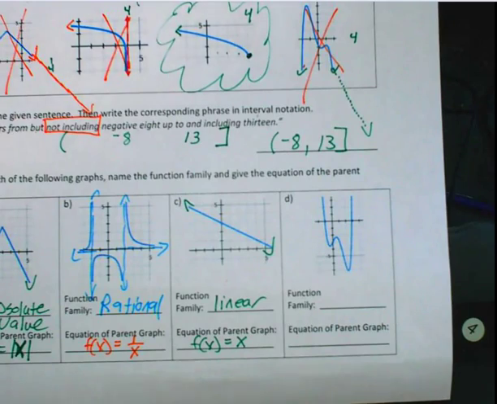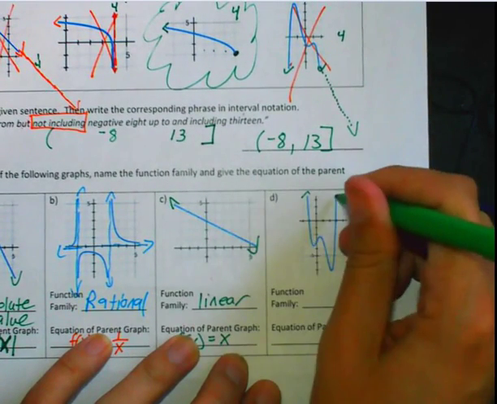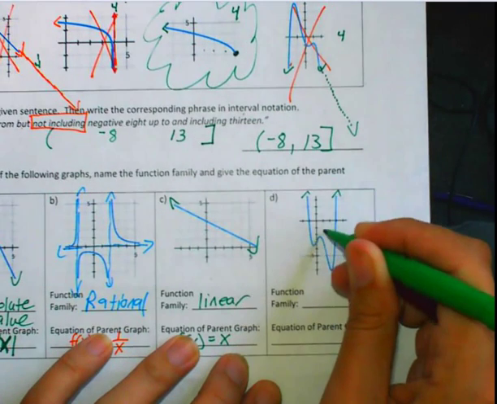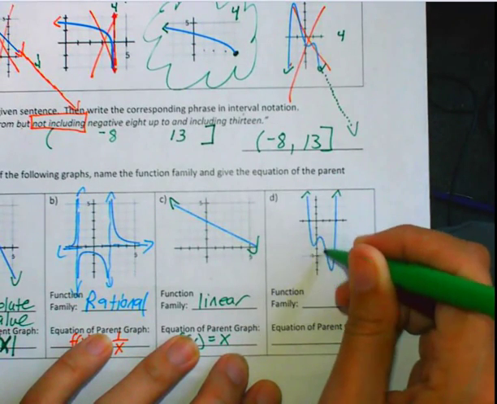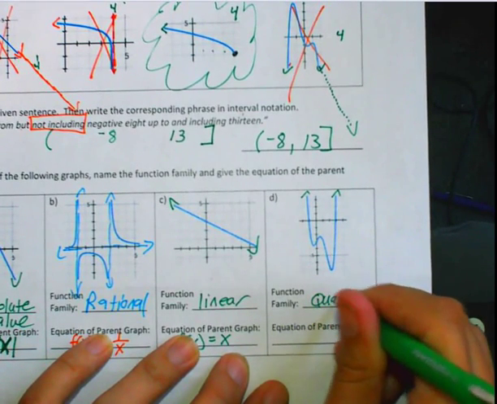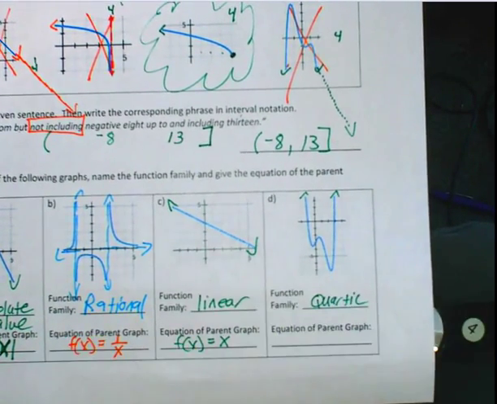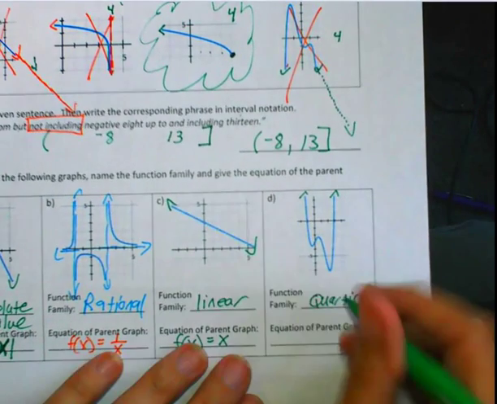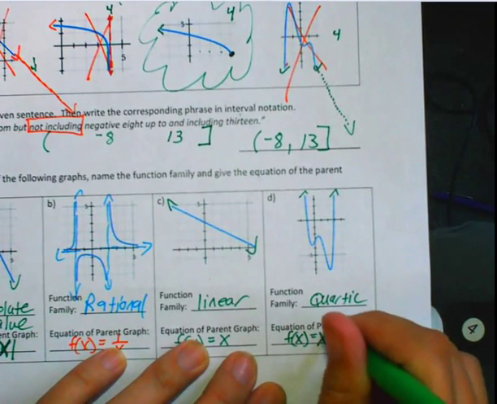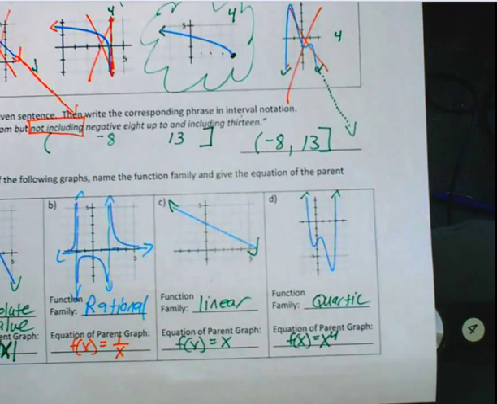Okay, and then the last one, this looks like a W, has 3 turns. This is a quartic. And for quartic, the equation is f of x equals x to the 4th. That is it for this video.